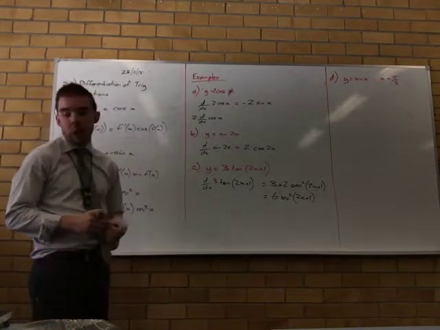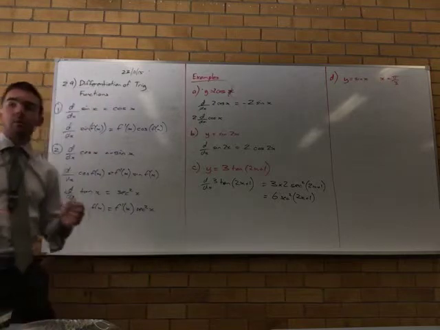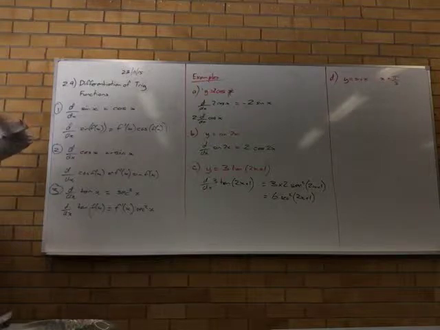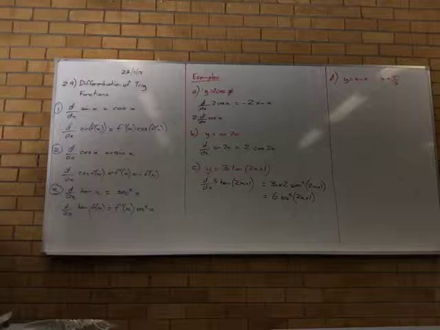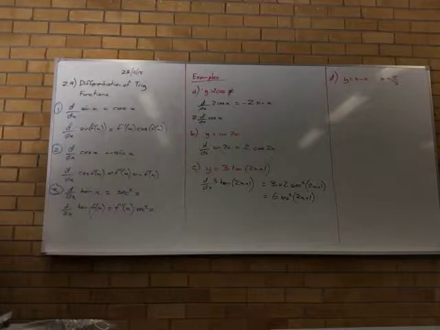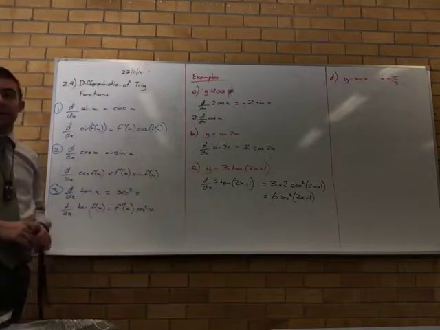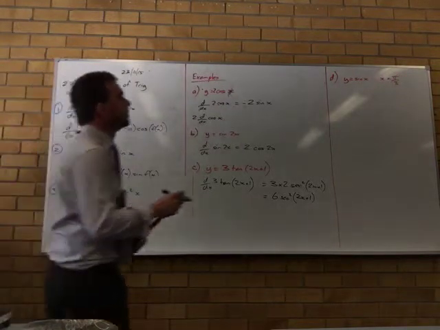So for the equation of the tangent, I need two things. What are they? Derivative, so I need the gradient of the tangent. And what else do I need? I need the gradient of the tangent, and I also need a point.